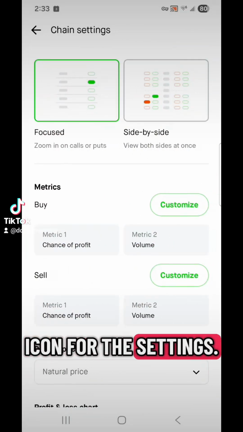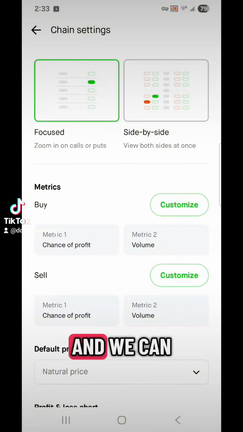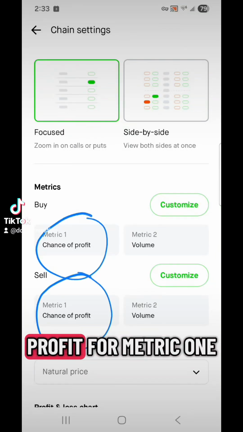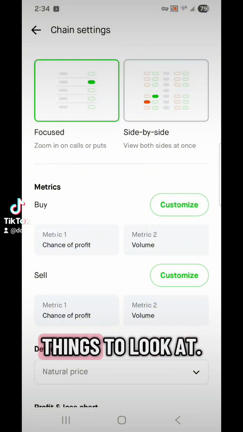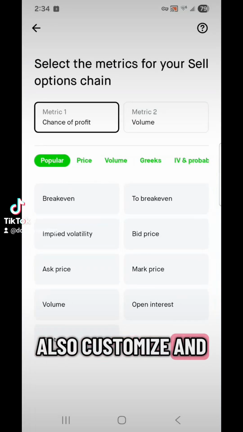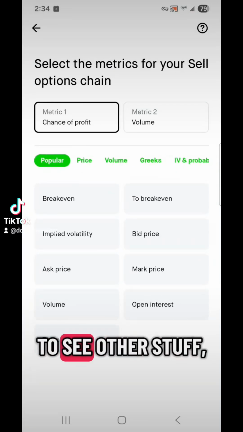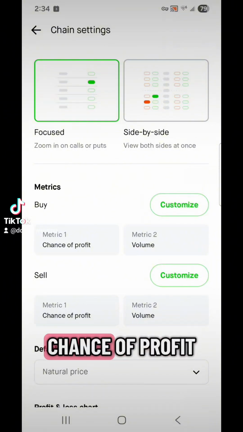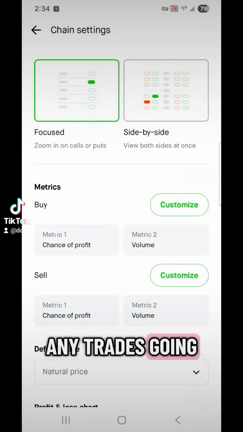For the settings, I like to have it on focused, and we can see here I have it set to chance of profit for metric 1, and then volume for metric 2. That's my favorite things to look at, and you can also customize and do whichever things you like there. You might like to see other stuff, but that's what I like to see: chance of profit, and if there's any trades going on for the day, which is volume.